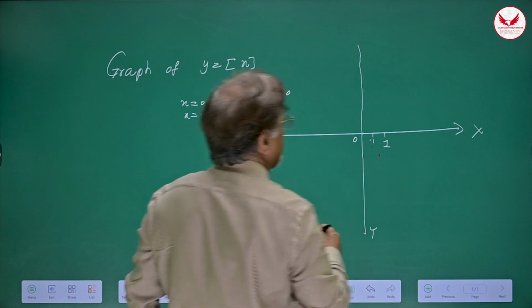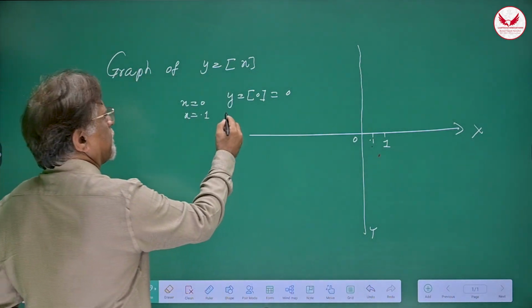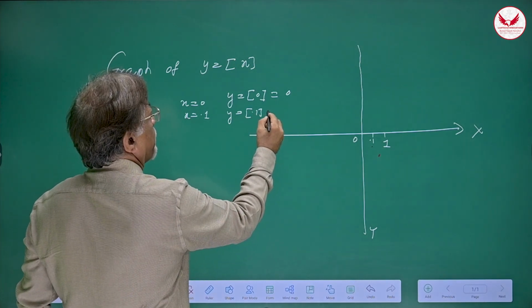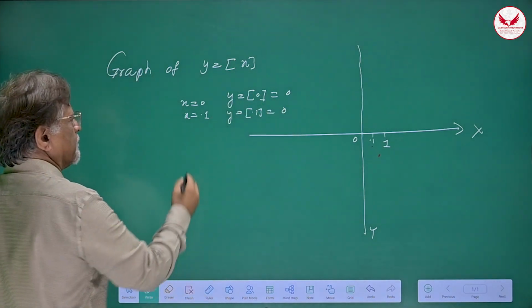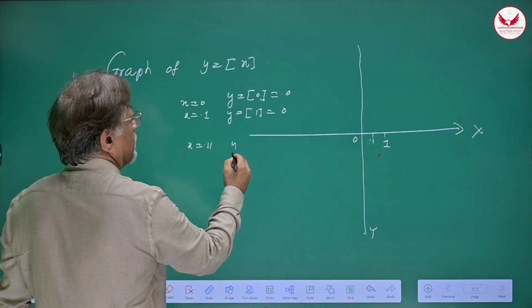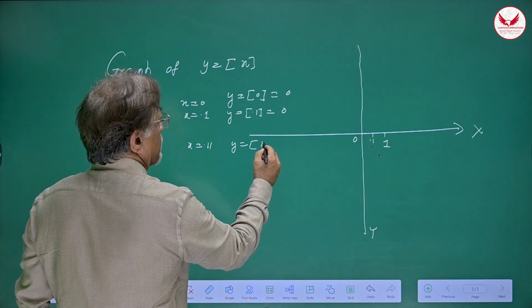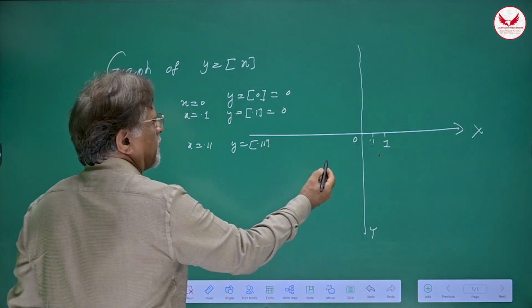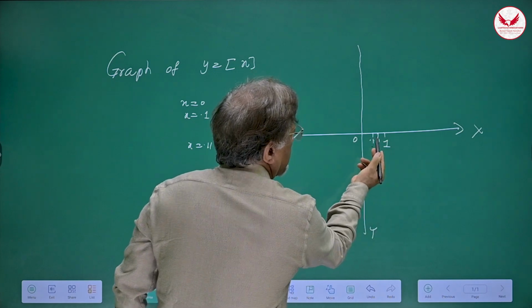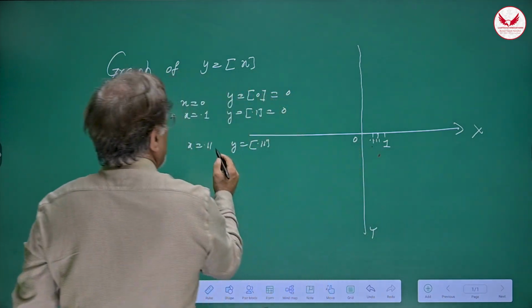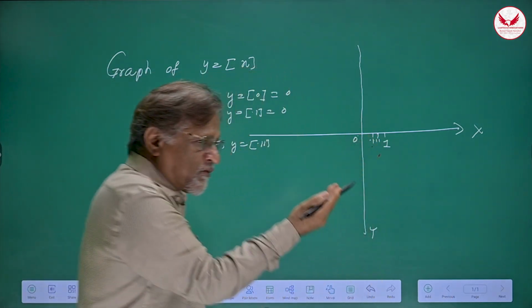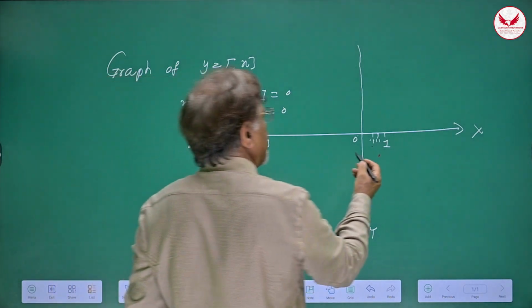Now if I take x equal to 0.11, then also y is the integral part of 0.11. 0.11 will be slightly ahead of 0.1, so it will be here. But still, the immediate integer to its left is 0. So you can understand all the values between 0 and 1, up to just before 1, will have value 0.